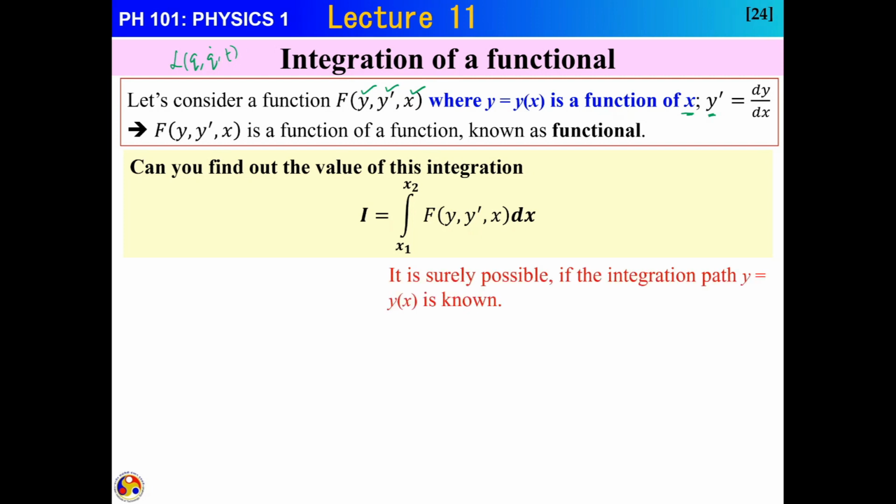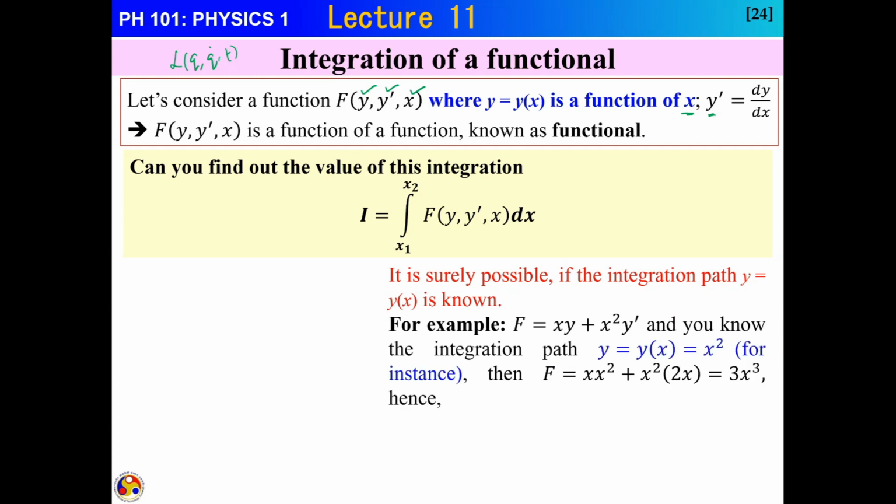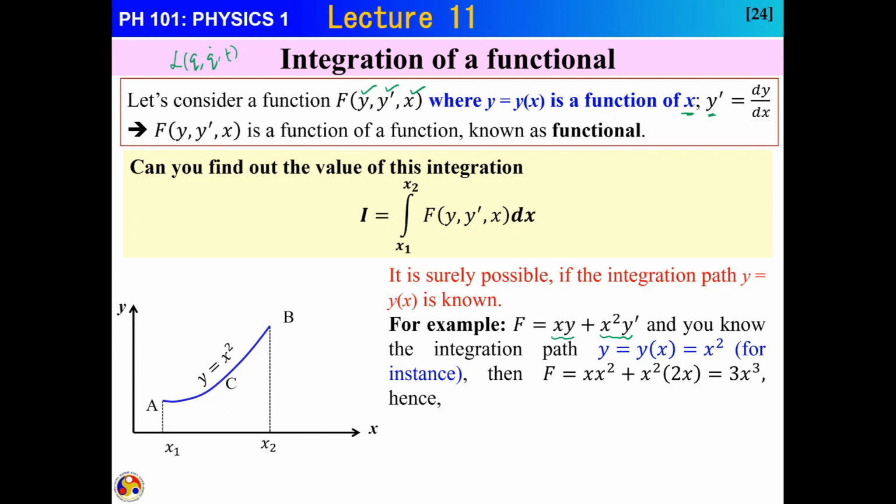So let's take a simple example. To do that, you need to know the integral path y of x. If I take a simple example, f as some functional form xy plus x square y prime, and this function y is again a function of x square, as shown here, then the capital F will turn out to be x square times x square, and y prime is dy by dx, so this is x square times 2x.